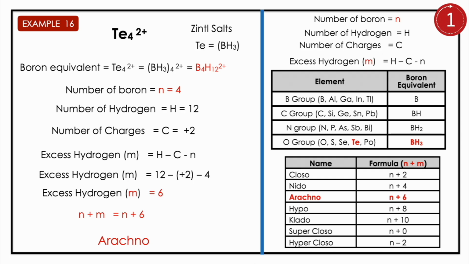If you solve it, you have M equals 6. M equals 6 means it is an N plus 6 system. If you look at the table, N plus 6 means Arachno structure. So according to Wade's rule, the Zintl salt Te4 2 plus has Arachno structure.